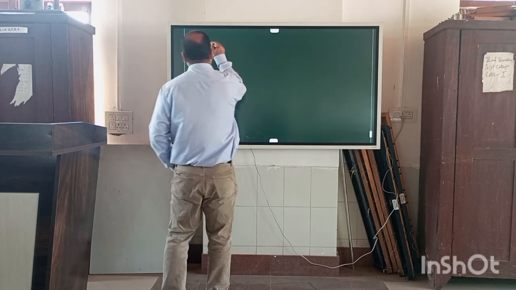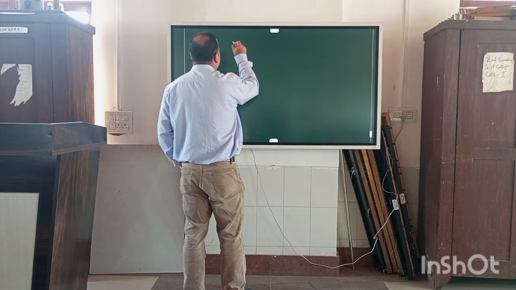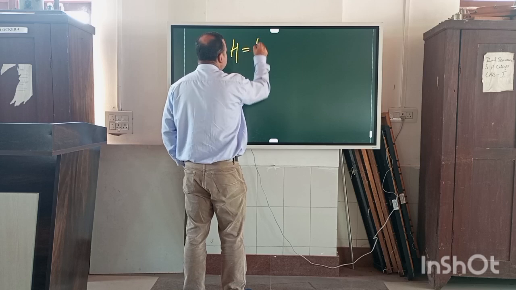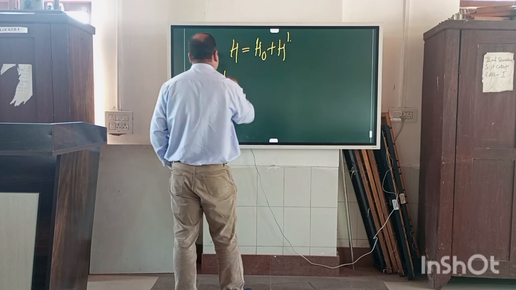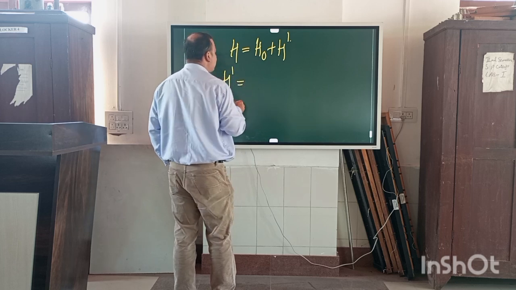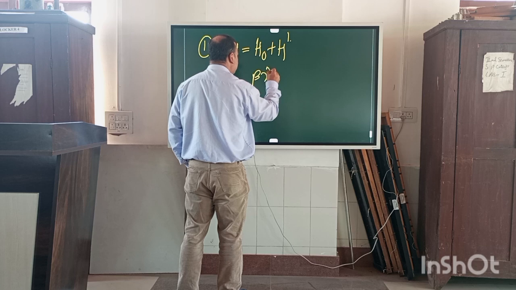If I start with the problem that I have, H, the resultant is H naught plus H prime. I will choose this H prime to be, say, something like beta x.